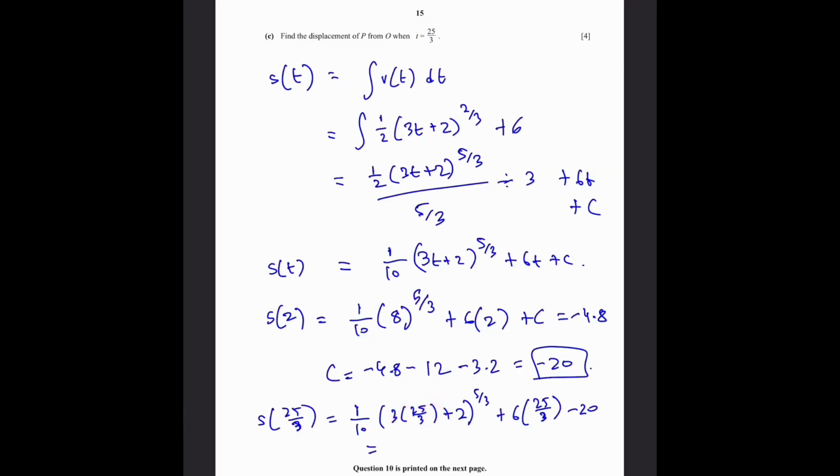This will become 25. 25 plus 2 is 27. Now 27 to the power of 5/3 is just the cube root of 27 whole to the 5. So that is going to be 3 to the power of 5, which is 243. Now 1/10 of this is 24.3. And then add 6 times 25/3, which is 50, and then subtract 20. We'll get our answer as 54.3.